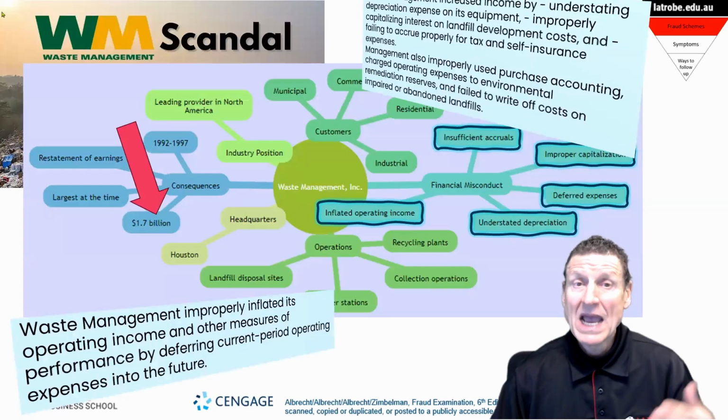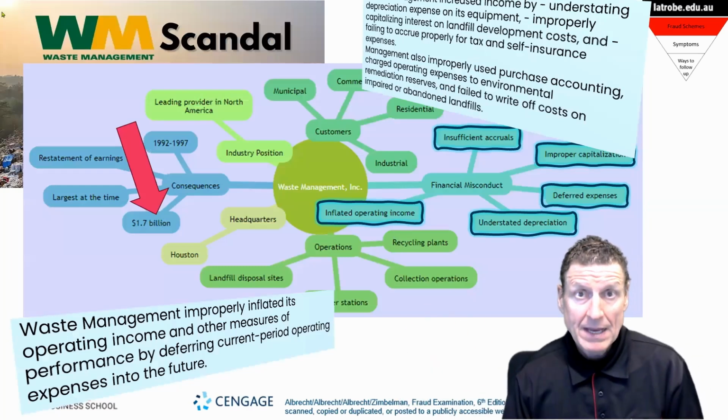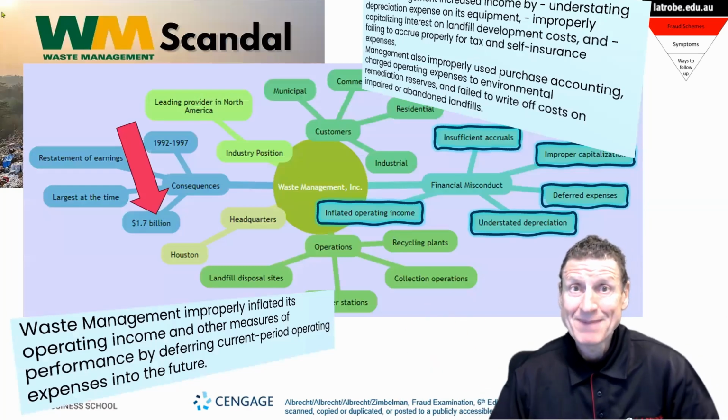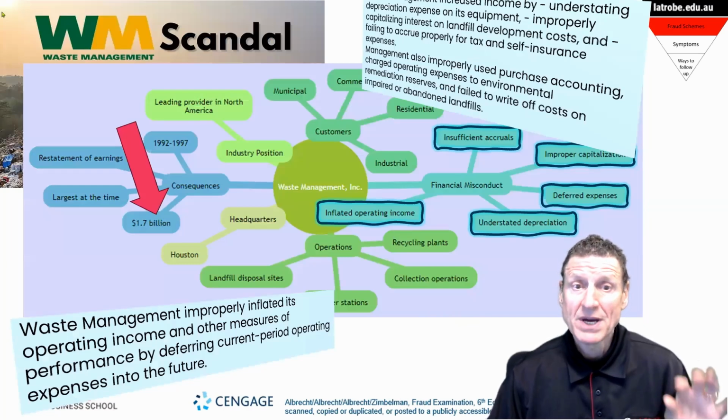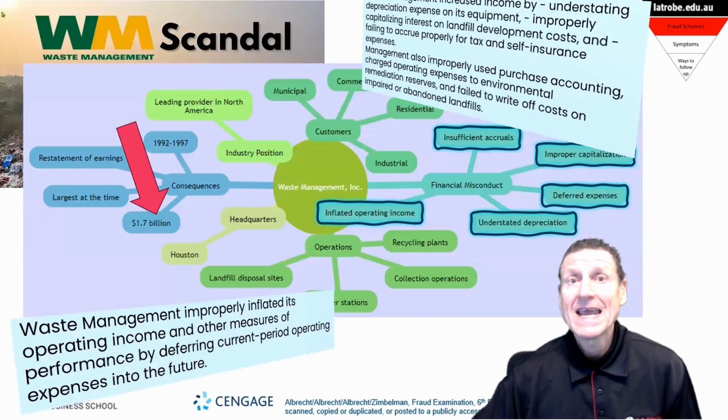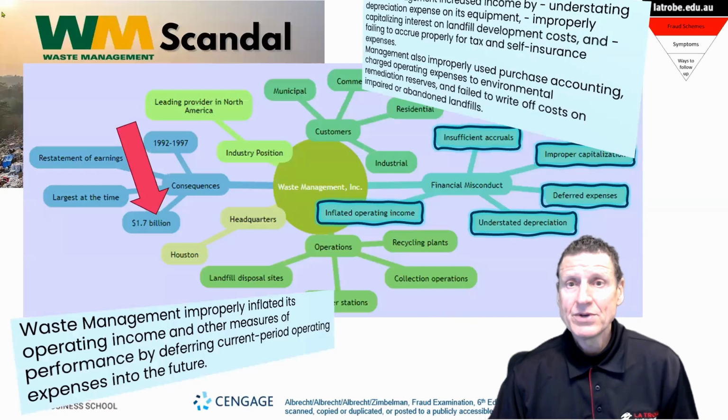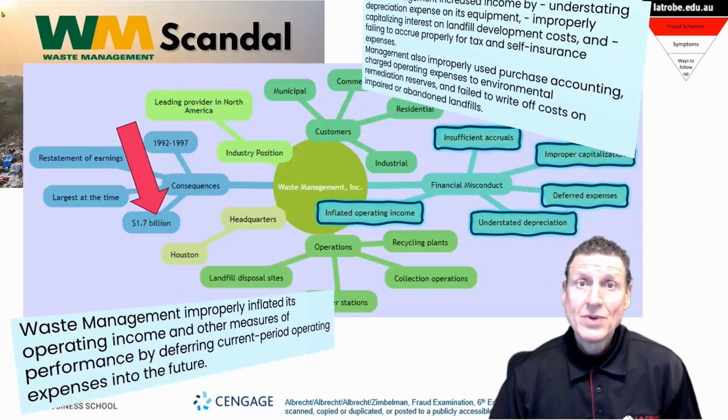And if we look at the Waste Management scandal, and that is a big case shown at the beginning of chapter 13, they improperly inflated their operating income and other measures of performance by deferring current period operating expenses into the future. How can you do that? Well, instead of expensing, you move the expense into an asset.